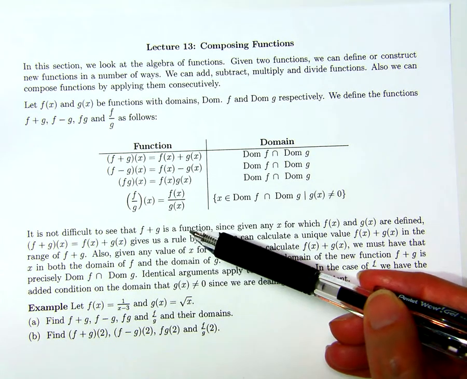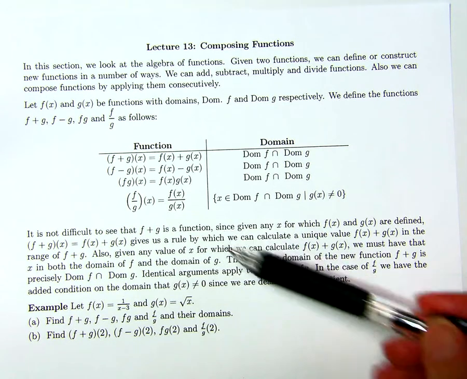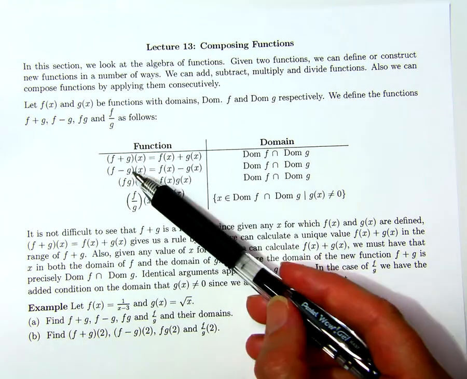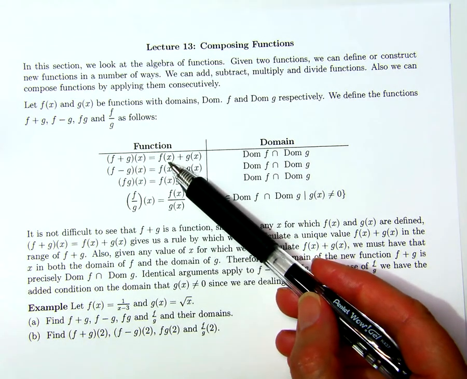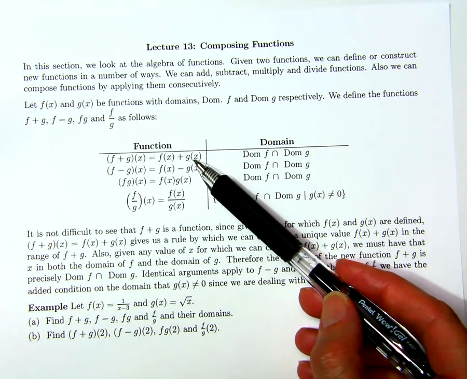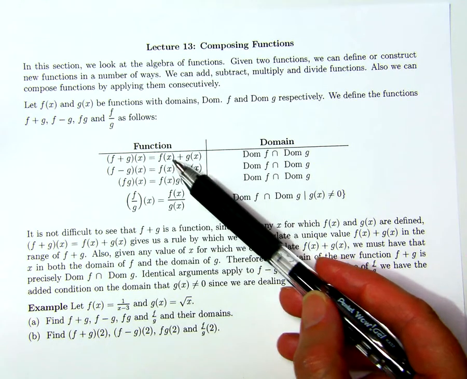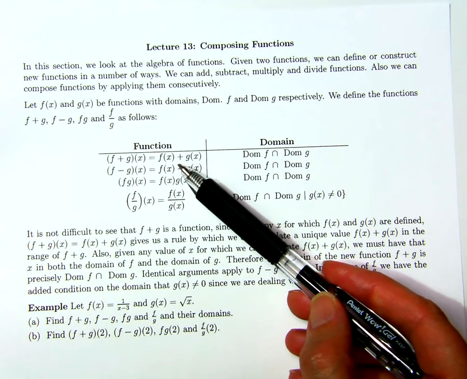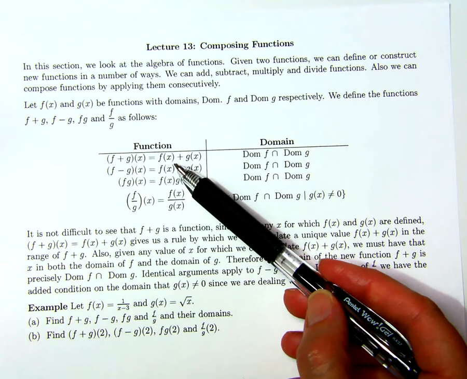And it's not difficult to see that this function is a function. For any given x, f of x gives us a unique number, and g of x also gives us a unique number, and the formula f of x plus g of x gives us a unique y value for every x value we put into this machine.